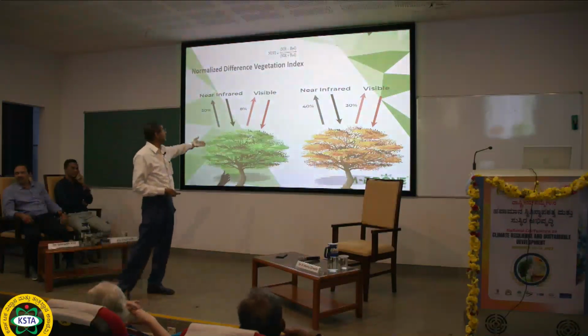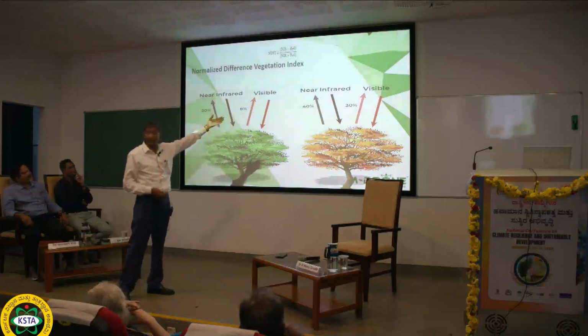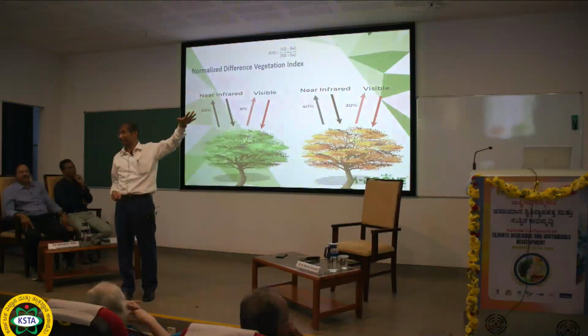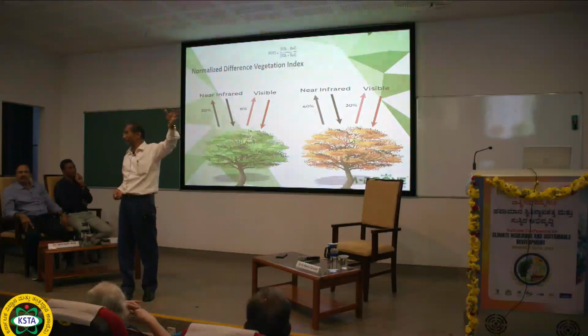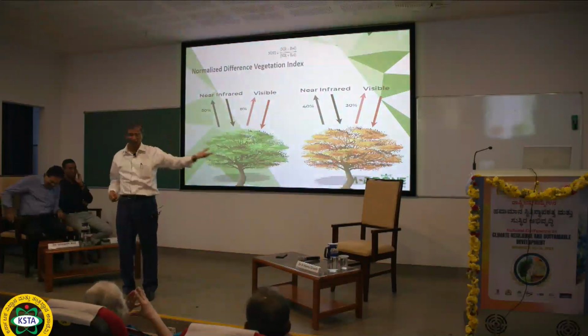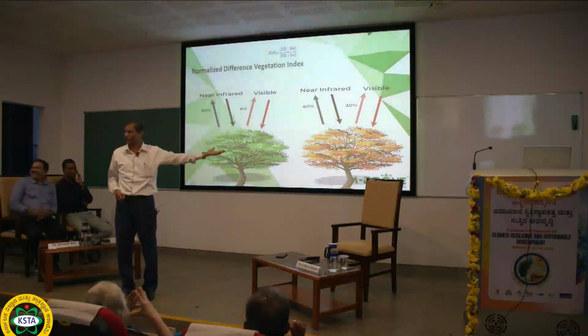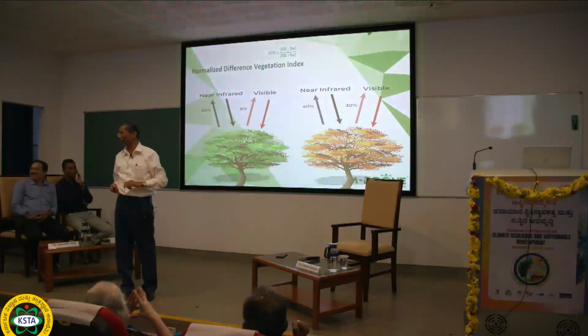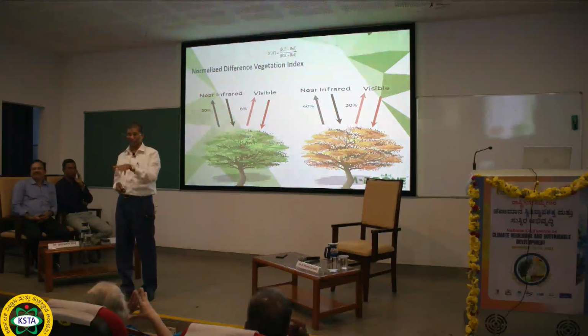See, one of the techniques is called normalized difference vegetation index. There are many vegetation indices available, at least 6-7 which I have the record with me. With that we can assess the status of the crop. How much area is being covered?